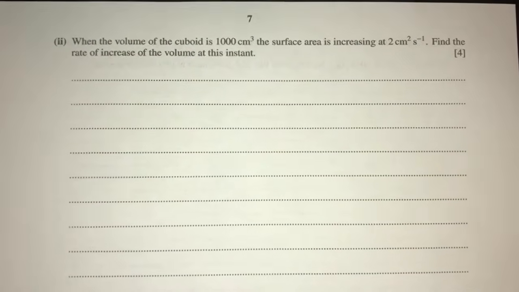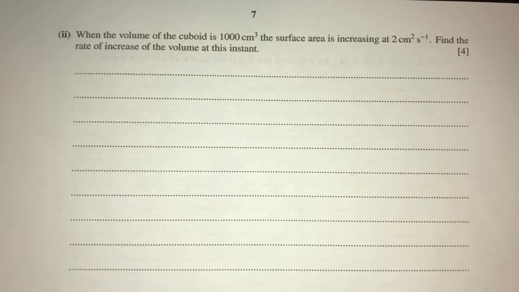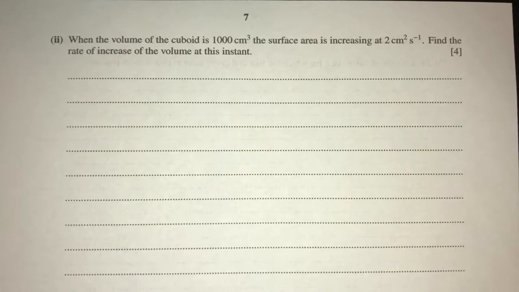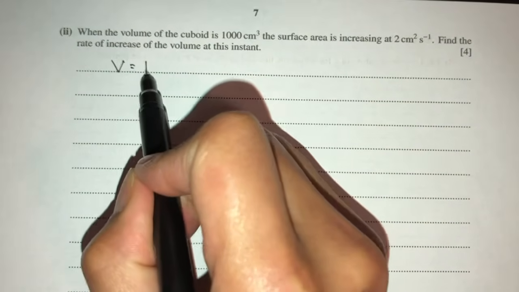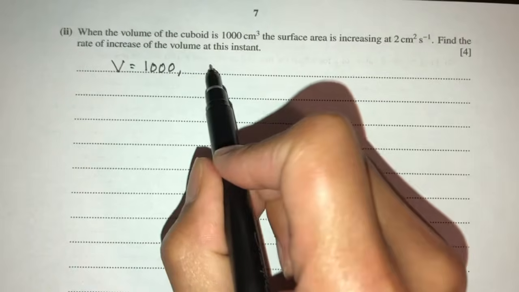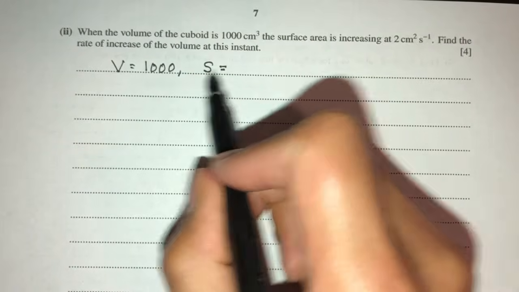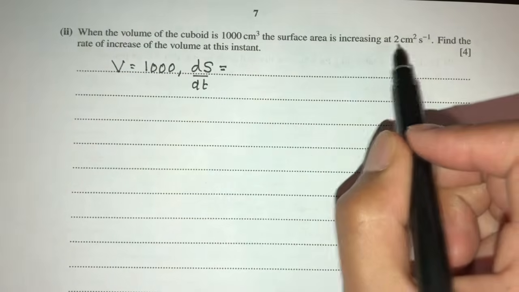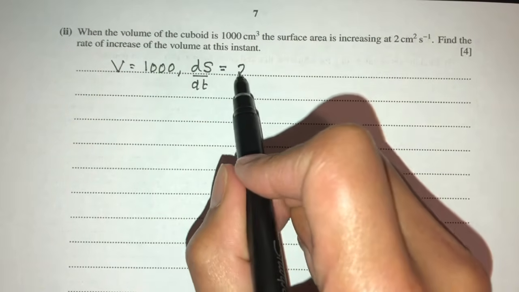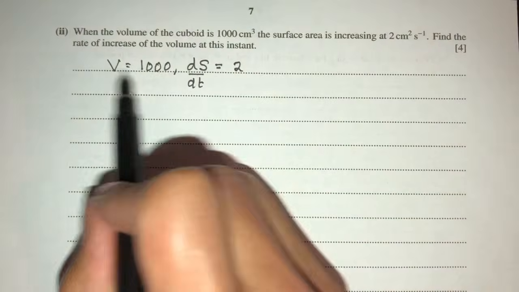Now let's move on to part 2. When the volume of the cuboid is 1000, so when v is equal to 1000, the surface area is increasing by, so increasing will be ds by dt is given by this 2, right? Now what is the formula for the volume?